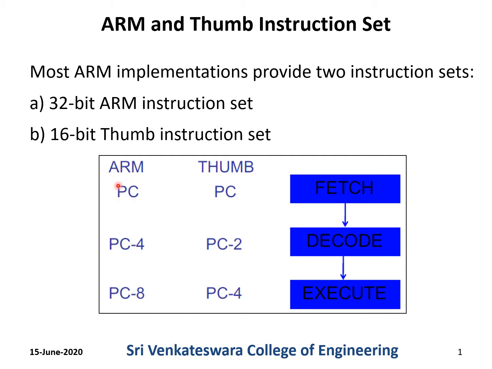So PC always points to the next instruction that is to be fetched. The same is the case for Thumb instructions. Here the program counter content gets changed by 2 every time.